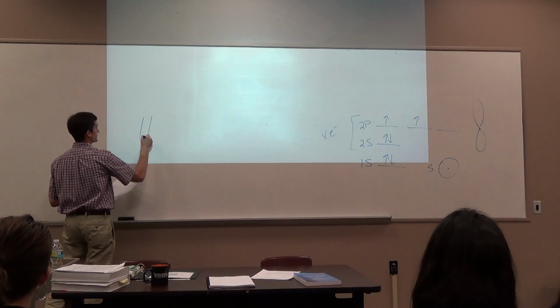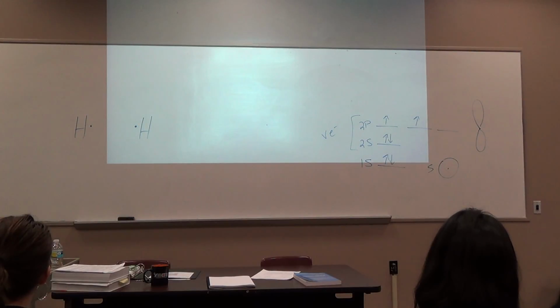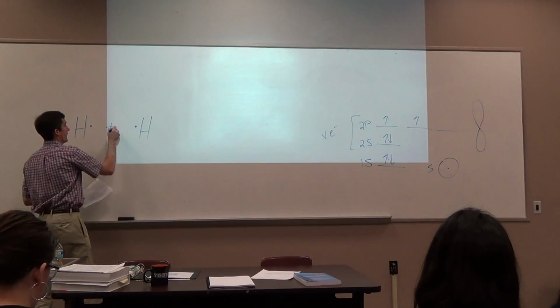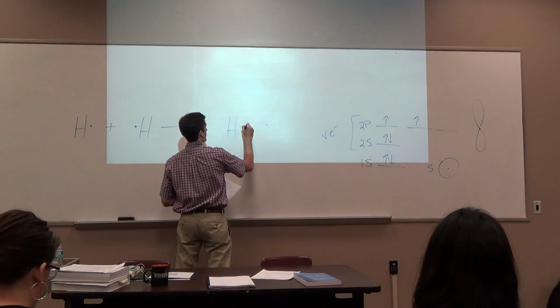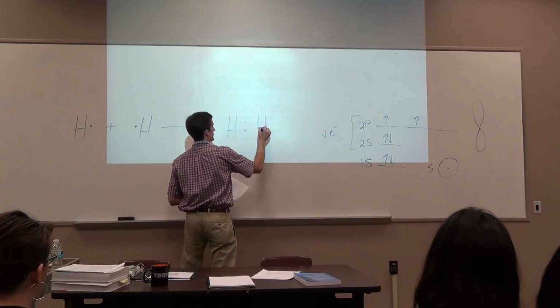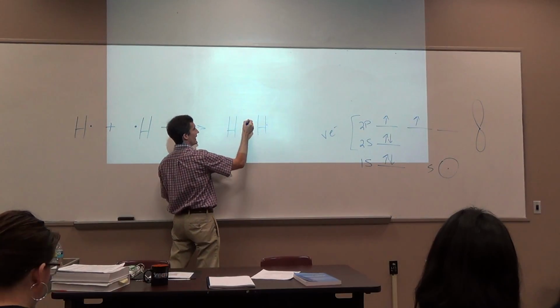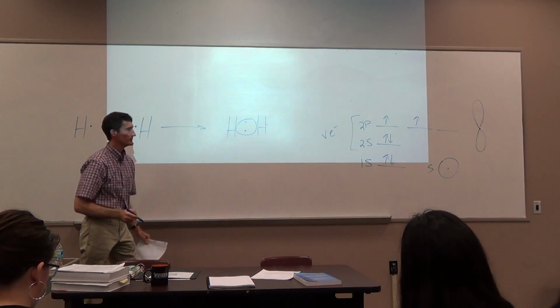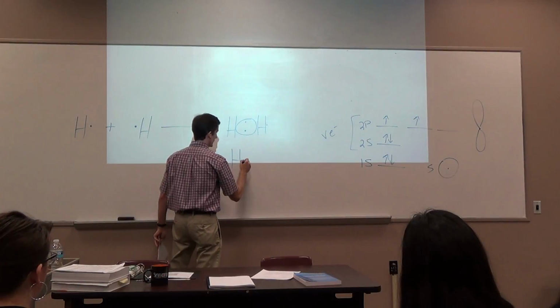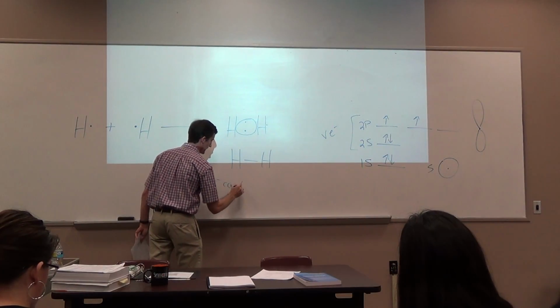One way to do it is to say, hey, these two H atoms could pair up, and this becomes a bond, an orbital overlap between the two hydrogens. And then ultimately we can draw this like this, and that's a two-electron covalent bond.